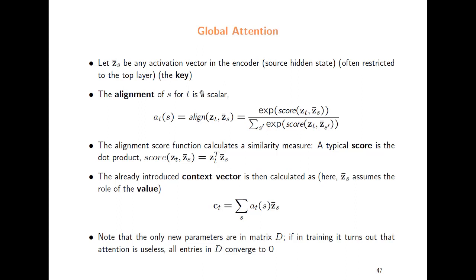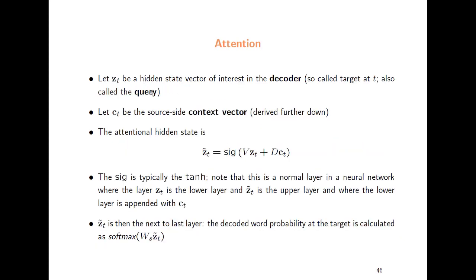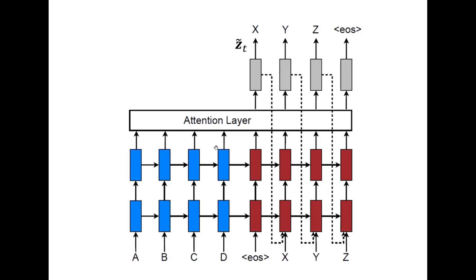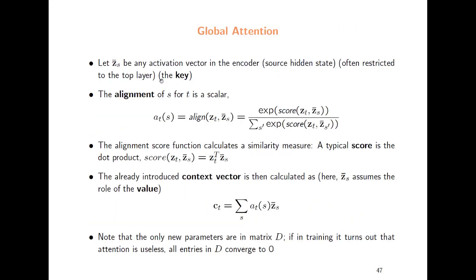So if this Z_t was called the query, then this Z bar_s, which is a latent representation in the encoder somewhere, we don't say exactly where, could be anywhere, is called the key, and then we calculate the alignment. So how closely do they match essentially? And this is called a_t(s).